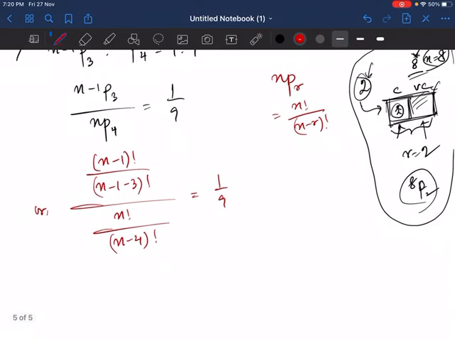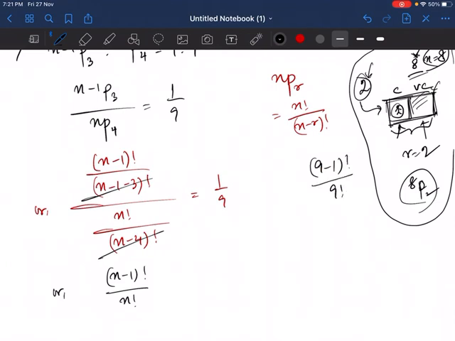Now this is also (n minus 4) factorial and this is also (n minus 4) factorial, so we can cut these two. So what we have is (n minus 1) factorial divided by n factorial. Now for example, one is 8 factorial and the other one is 9 factorial, so we can cut and get 9.